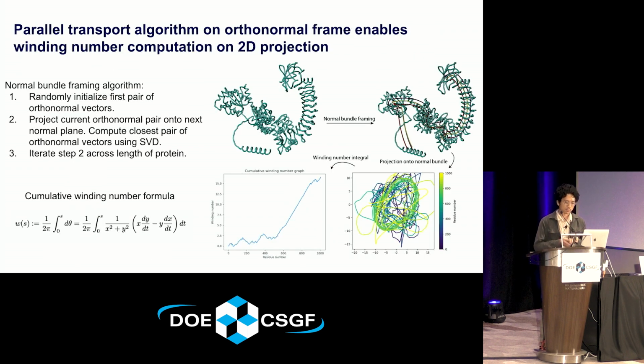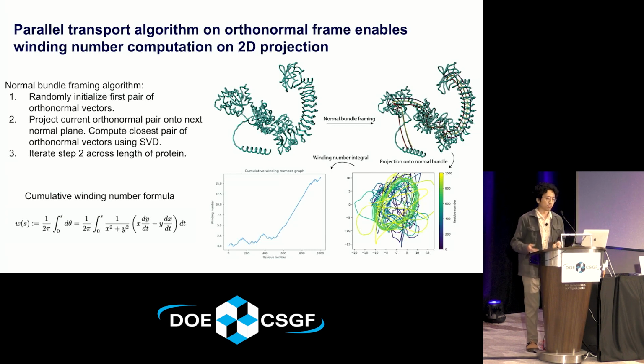So with that background out of the way, I'll present to you our proposed paradigm for protein domain annotation, which directly examines the structure of the protein obtained by AlphaFold. And we can think of this structure as a curve embedded in three-dimensional space. The centerpiece algorithm here involves the projection of the protein structure onto a 2D plane.